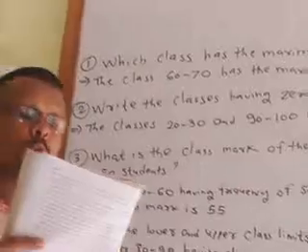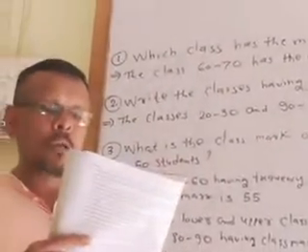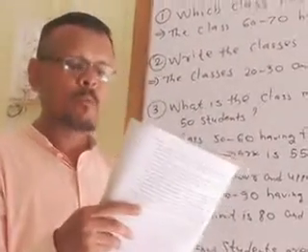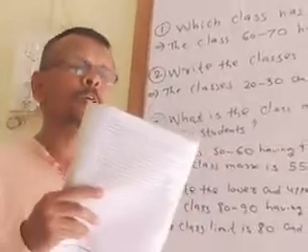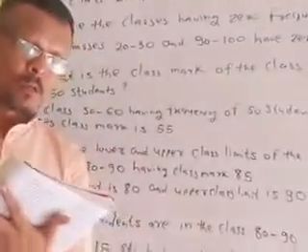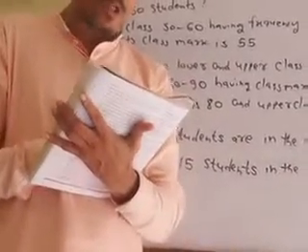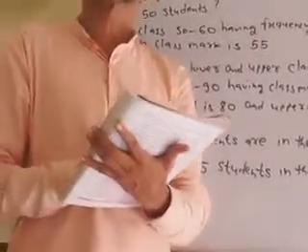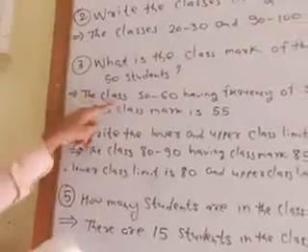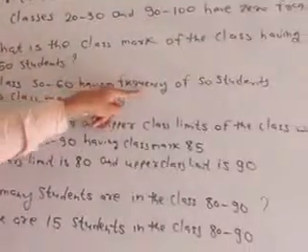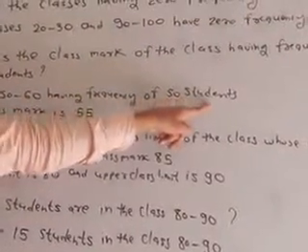Third question. What is the class mark of the class having a frequency of 50 students? See that 50 students, point 55, 50. That has 50, so that class will be 50 to 60. So the class 50 to 60 has a frequency of 50 students.